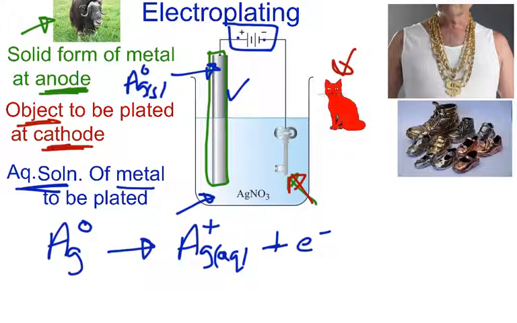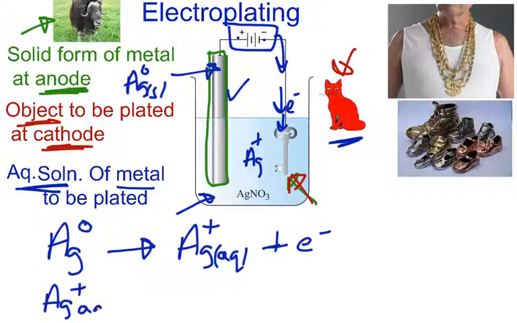And for the key, which is at our cathode, because it's undergoing reduction, we will have these Ag positives, aqueous, swimming around. They're gaining electrons, coming around here from the anode to the cathode as always.